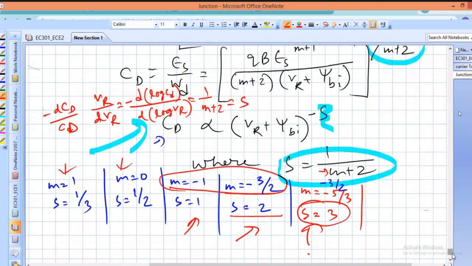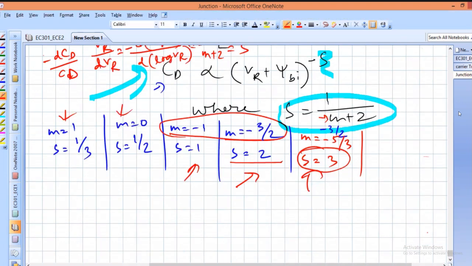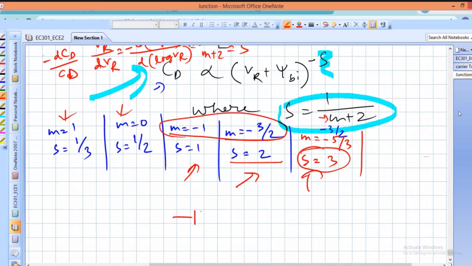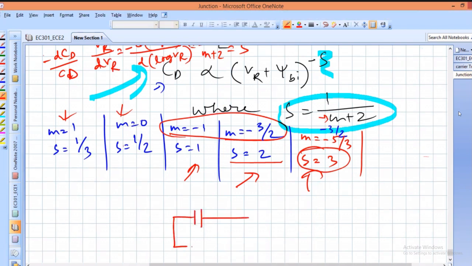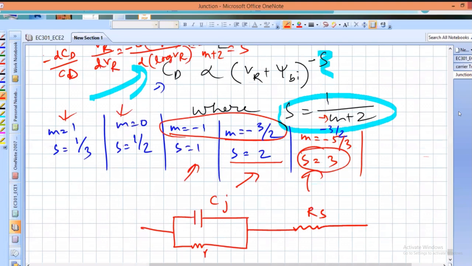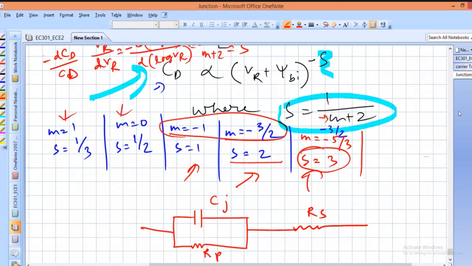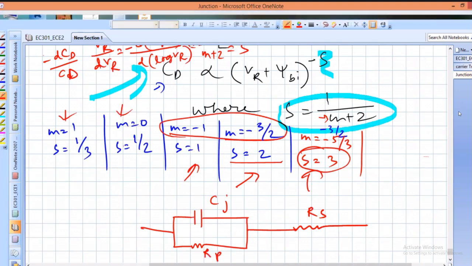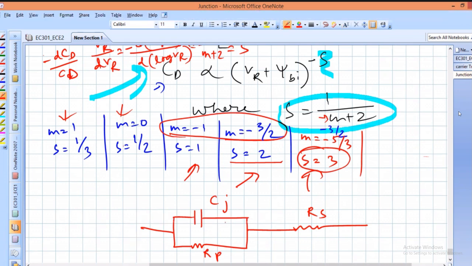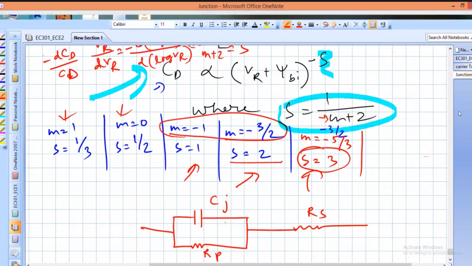So students, this is the Varactor diode. The equivalent circuit of a Varactor diode is like that. Capacitance, there will be a resistance in parallel. This is CJ. CJ is the junction capacitance. One resistance will be there. This is RS. RS is the series resistance, and RP is the parallel resistance. It is totally dependent on the generation, recombination current, diffusion current, and surface leakage current. That's why RS and RP are included.